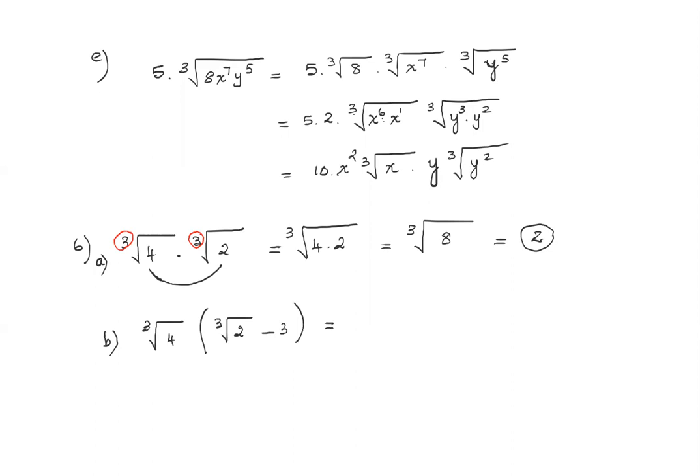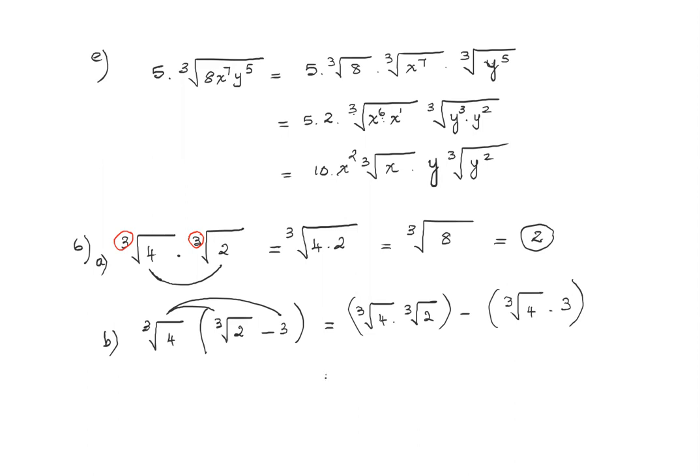Next, we are going to see cube root of 4 times cube root of 2 minus 3. So now we are going to use just like the distributive property for regular numbers. So it's going to be cube root of 4 times cube root of 2 minus cube root of 4 times 3, right?